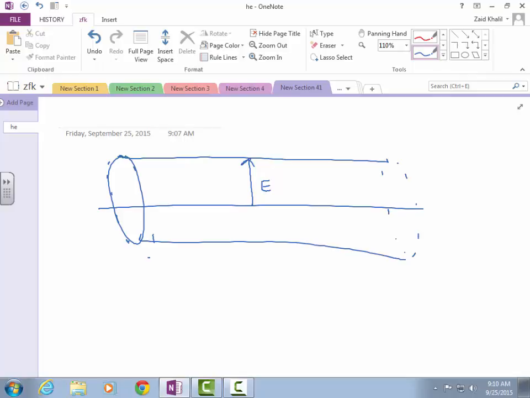That's right. Your electric field is pointing outward from this infinite line, and the area vector is pointing perpendicular to that. So E dot dA is 0. These ends do not contribute.